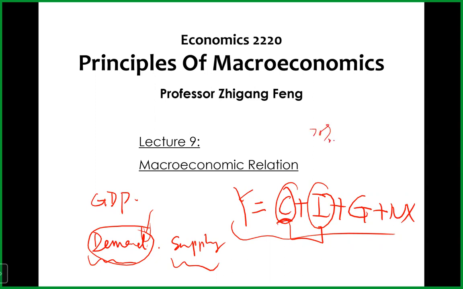So in terms of magnitude, it's very important. In this chapter, we're going to focus on the macroeconomic relationship regarding C.